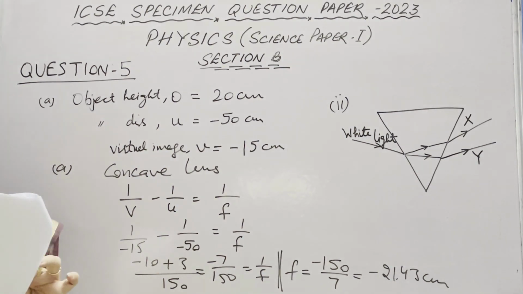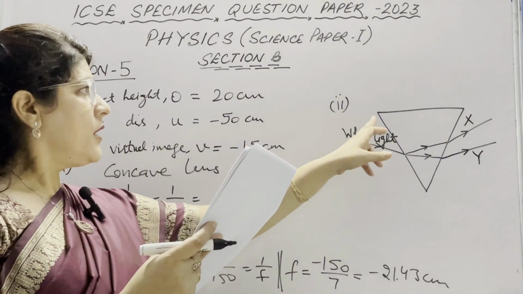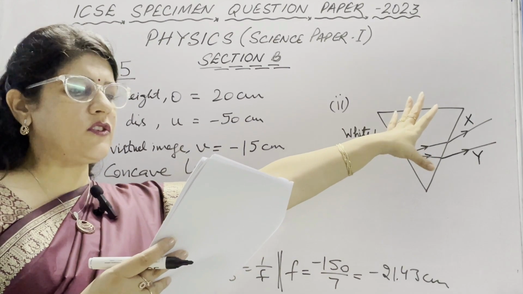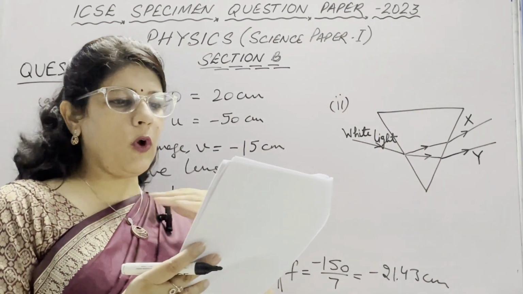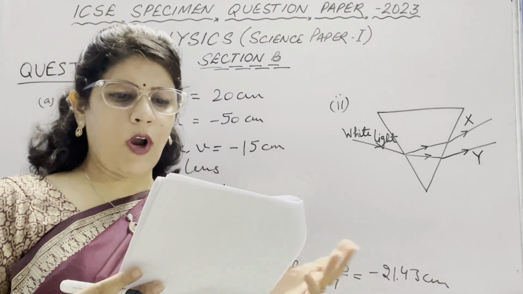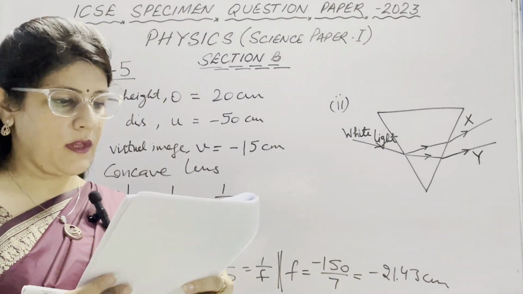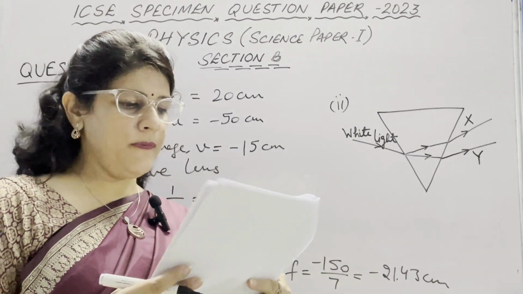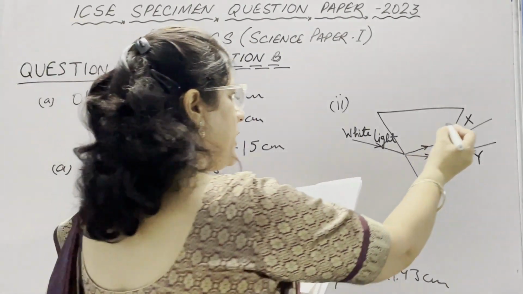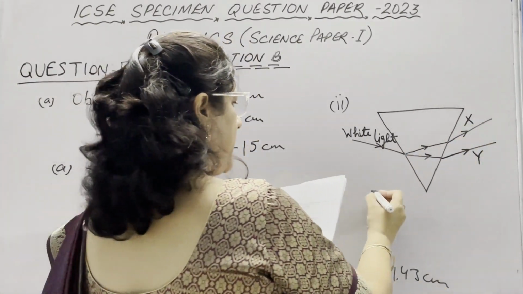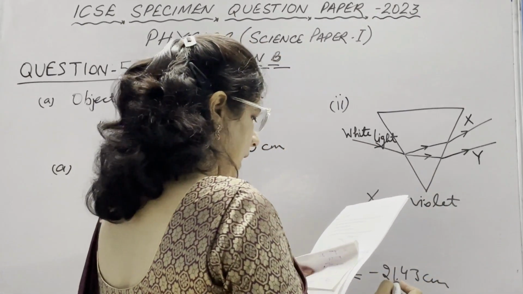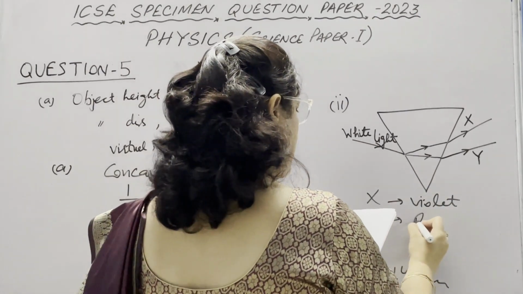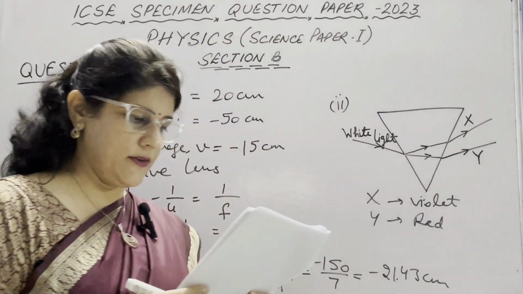Now in the second part, this diagram is drawn, which shows the extreme colors of the visible spectrum, X and Y. According to VIBGYOR, we all know that one is violet and the other is red. Now identify the colors X and Y. The deviation of violet color is the most, so we know that X is violet color and Y is obviously the other extreme end, it means red.